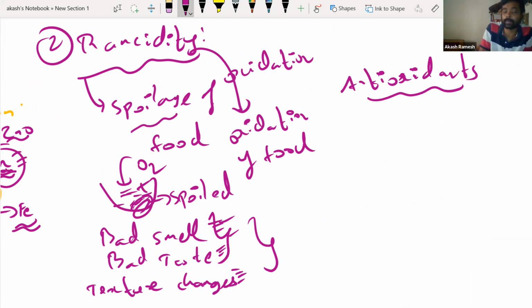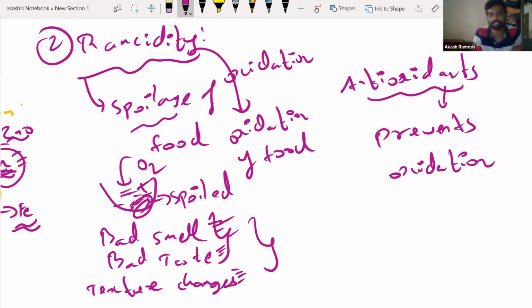In your chips packet, like your famous Lay's chips, inside there will be mostly air and only two or three chips. You will see that the cover is puffed up. When you open it, a lot of gas comes out. Now those gases are actually antioxidants. These antioxidants prevent oxidation.